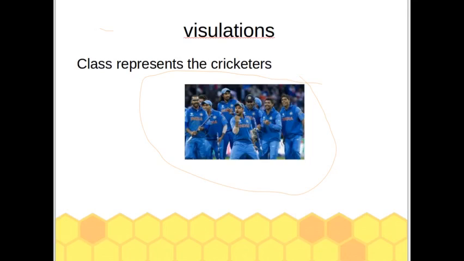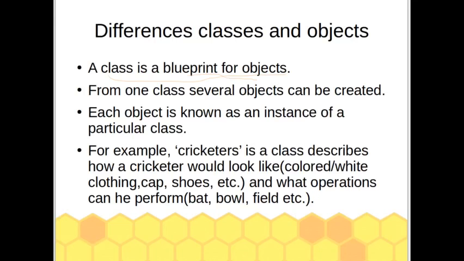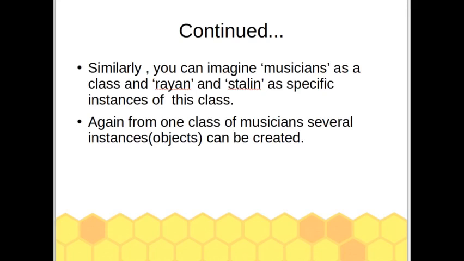This is a group of players, but he is one object, so each object can be called an instance. For example, cricketers is a class, which describes how a cricketer looks, the shoes, all the stuff, what operations, and can be continued in a similar manner.